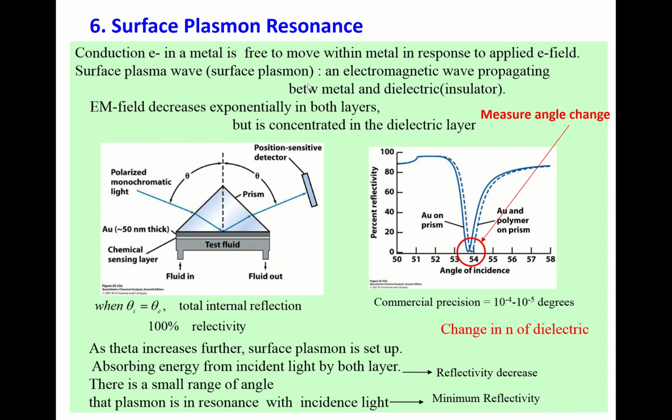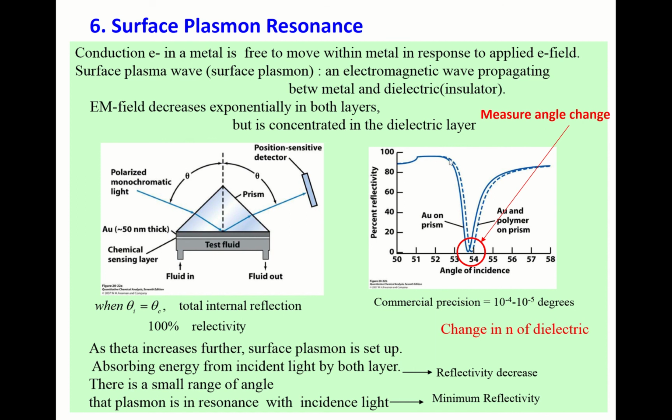And how is this phenomenon applied to detect the molecules of your interest? Interestingly, the other side of the gold is coated, for example, with polymer here, and then the surface plasmon resonance angle changes very little.